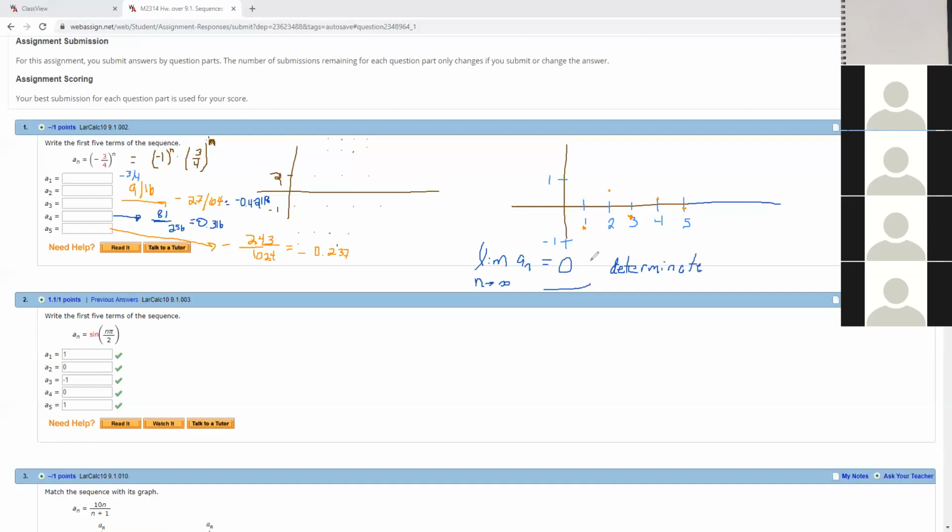Any questions on that, the reason that it's getting closer and closer to 0? Okay. So what do we say then, Jocelyn? The limit of this sequence is getting closer and closer to 0. That is determinant. It's a single finite value. And therefore this sequence, or we say this limit, what? Converges, diverges, what?